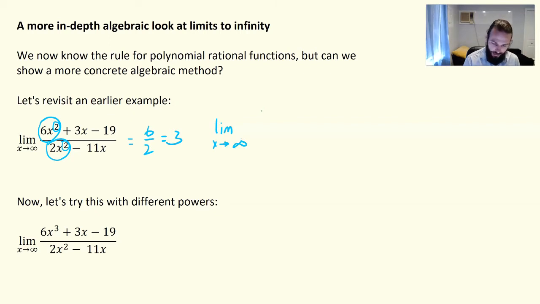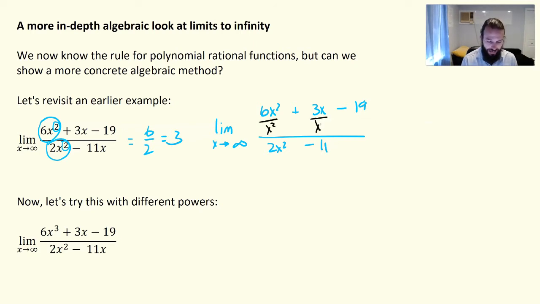In order to prove that, here's what we're going to do. We're going to take each term and divide it by the highest power variable. So the highest power in here is x squared, so I'm going to divide every single term by x squared.